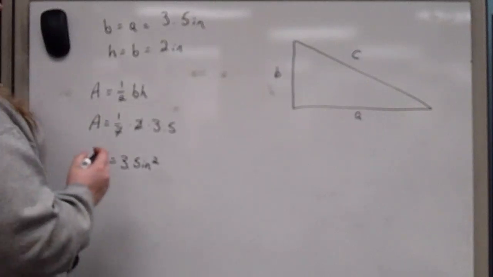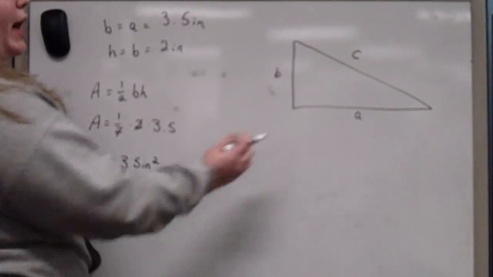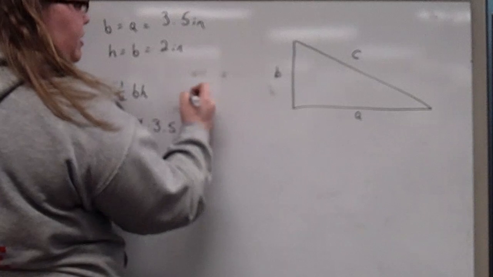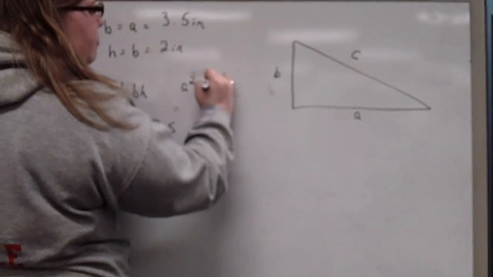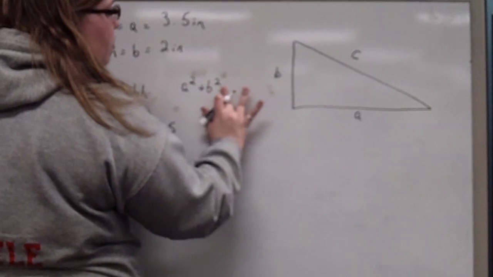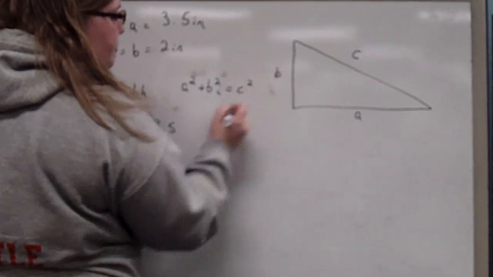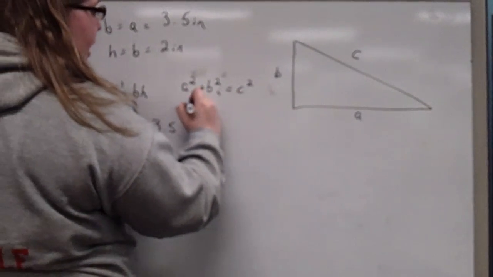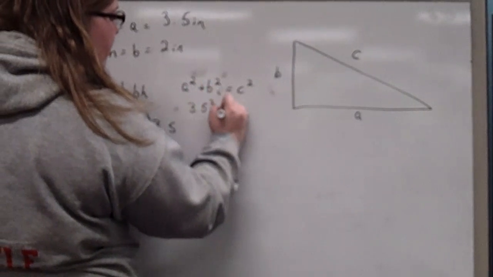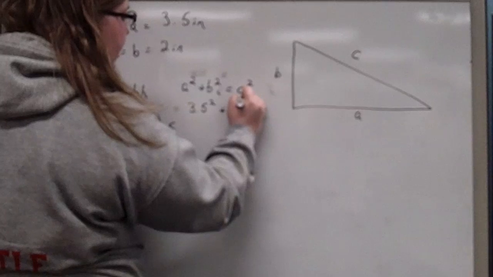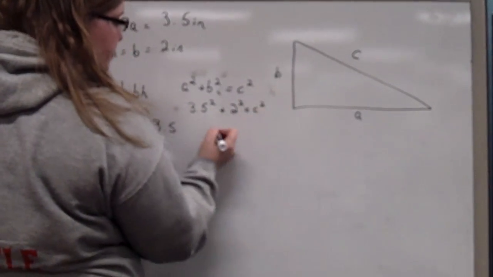Our perimeter for a triangle is a little more difficult because we now have to find C. To find C, we can use the Pythagorean theorem, which is A squared plus B squared equals C squared. A, in our case, is 3.5, so 3.5 squared plus 2 squared equals C squared.